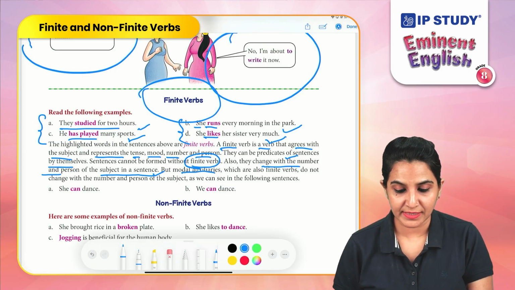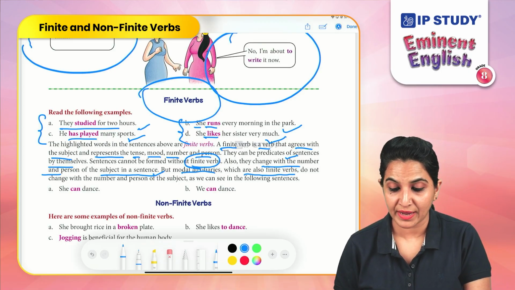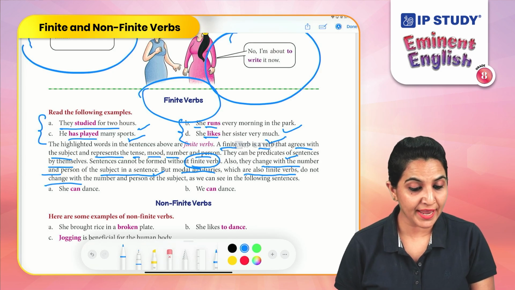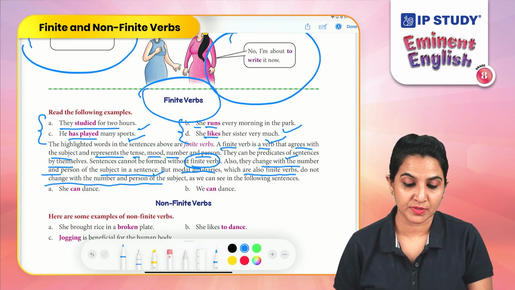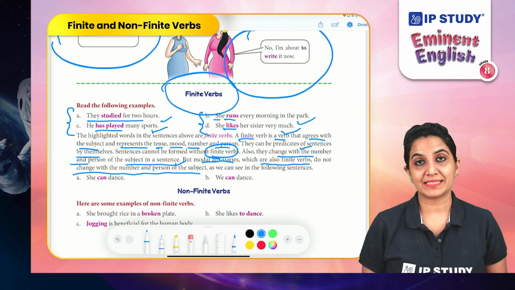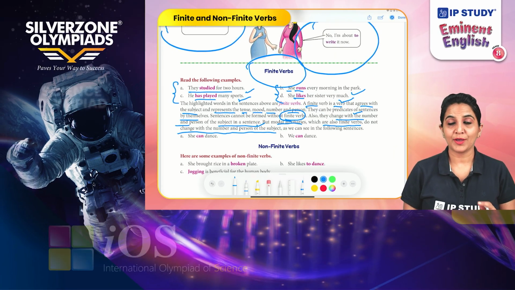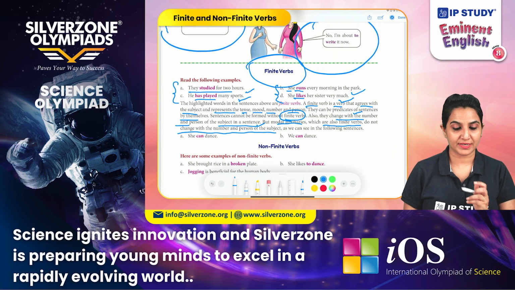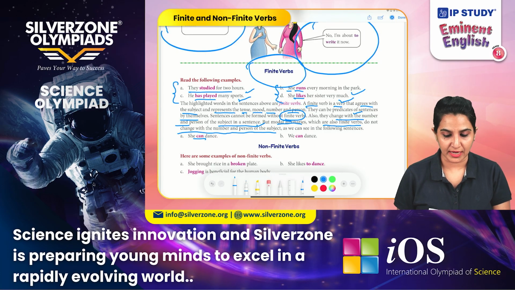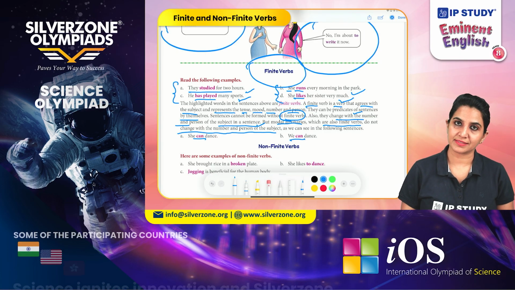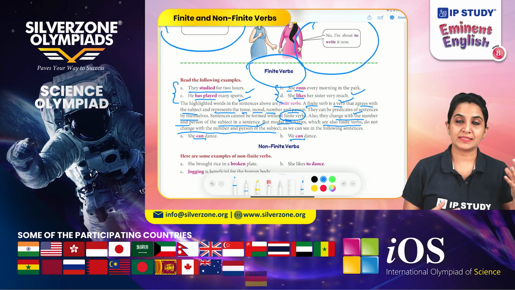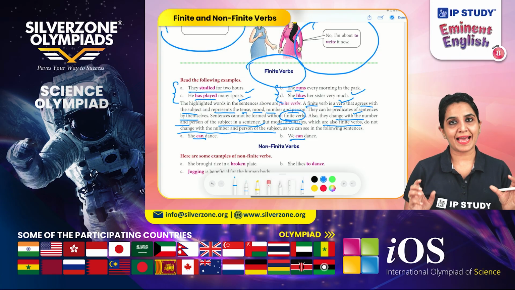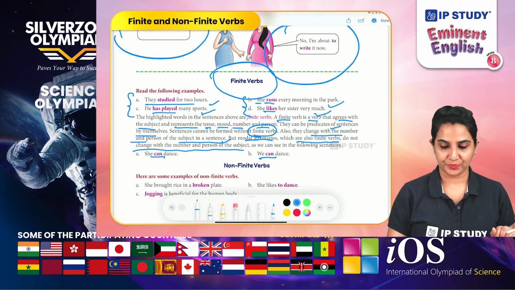But modal auxiliaries, which are also finite verbs, do not change with the number and person of the subject. For example, can, may, all of these auxiliaries do not change with the number of the subject. For example, she can dance, we can dance. In both the cases, singular or plural, can remains the same.